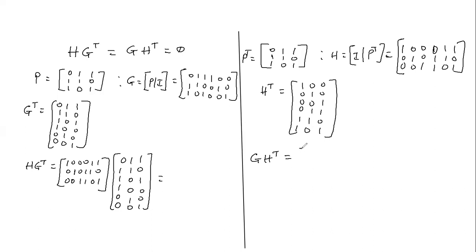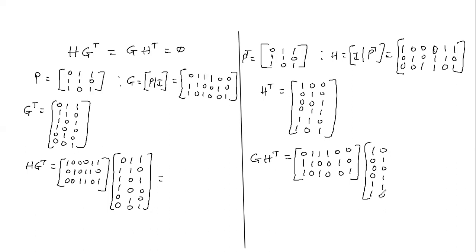So G is 0, 1, 1, 1, 1, 0, 1, 0, 1, 1, 0, 0, 0, 1, 0, 0, 0, 1, times the transpose, which is 1, 0, 0, 0, 1, 1, 0, 1, 0, 1, 1, 0, 0, 0, 1, 1, 0, 1. Then we have this.